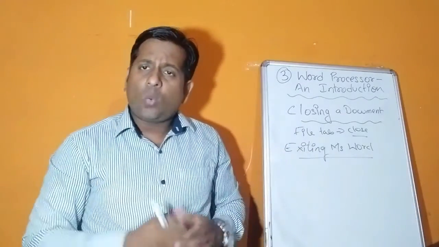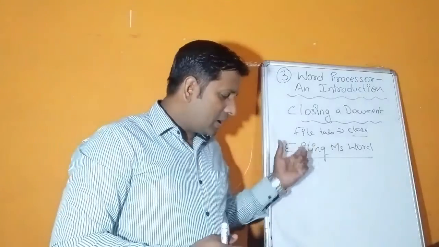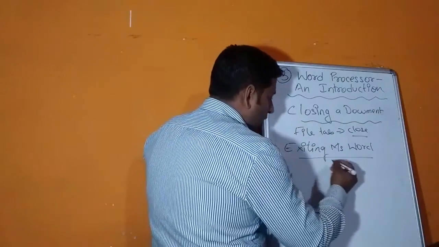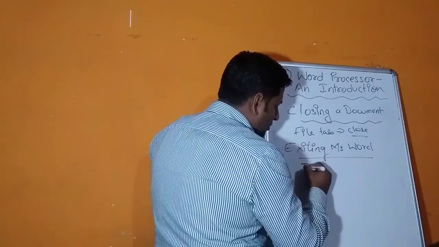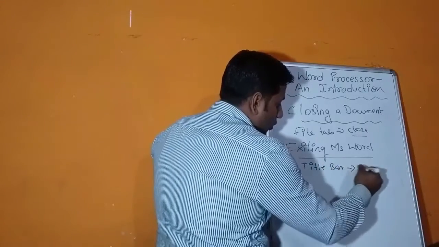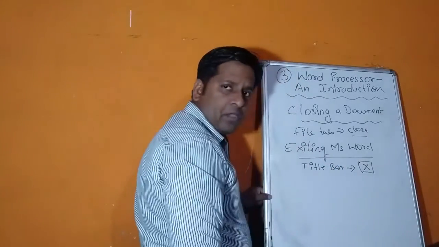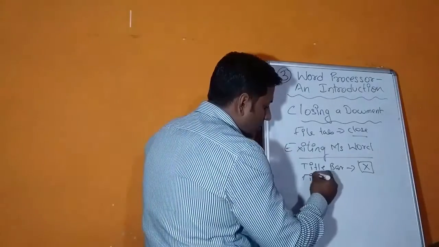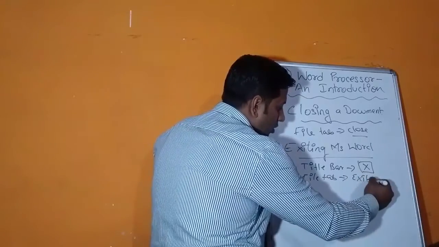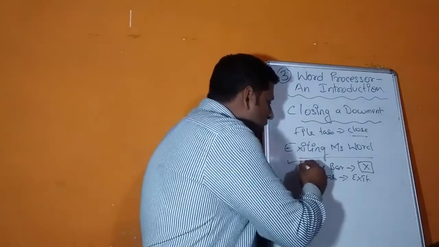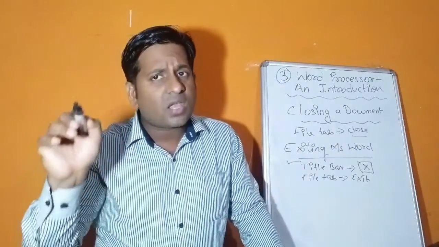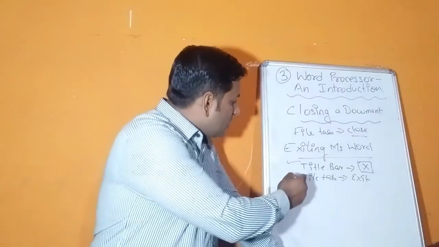In that case, what you have to do is you can click the close option from the title bar, you get a close option like this, the cross button, or else you can click on the file tab. Inside the file tab you get the exit option. So there are two ways: you can use the title bar and cross button. The cross is for close, to exit Microsoft Word. Another is the file tab.